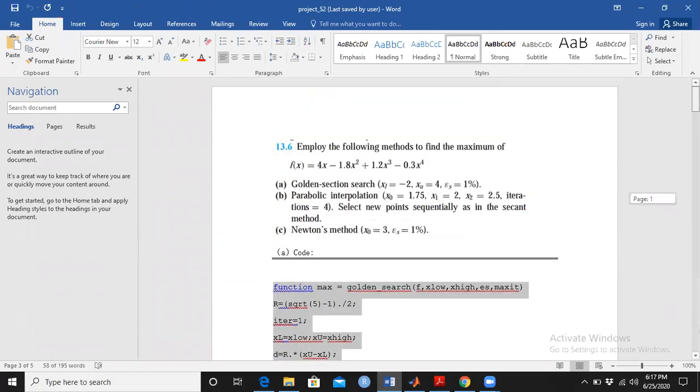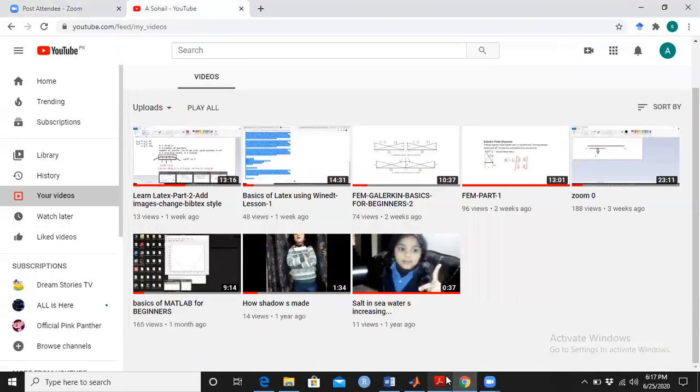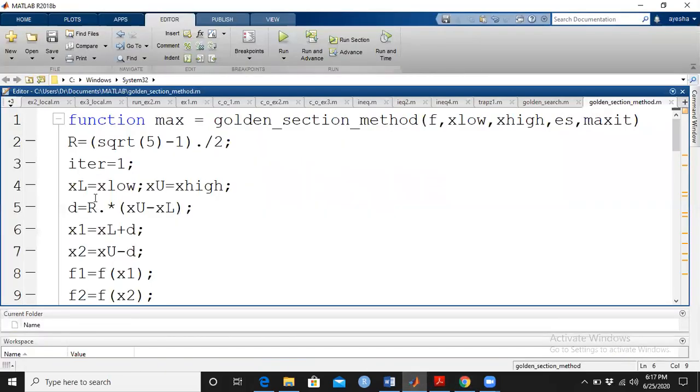I believe now it is very clear to you. And another thing that I want to mention here is that students, let me quickly read the M file for you. Here you can see R, which is square root of 5 minus 1 divided by 2.